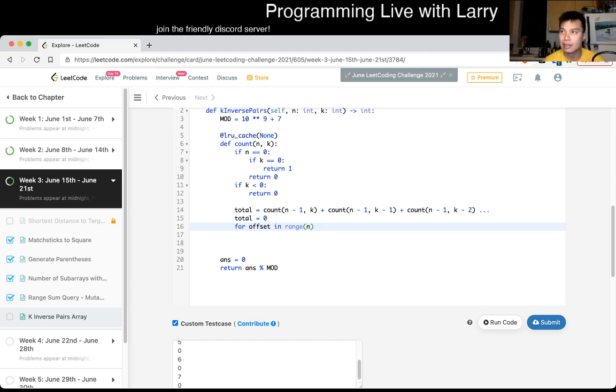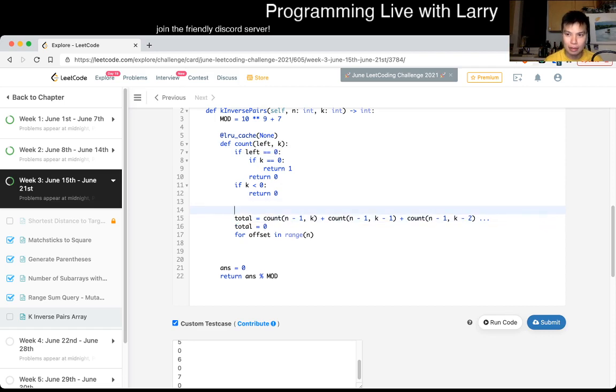So this n is not the same n. This is how many digits are left to be inputted. So the current number of digits is different. So this is left, let's just say. So that means that slots is equal to n minus length plus 1.